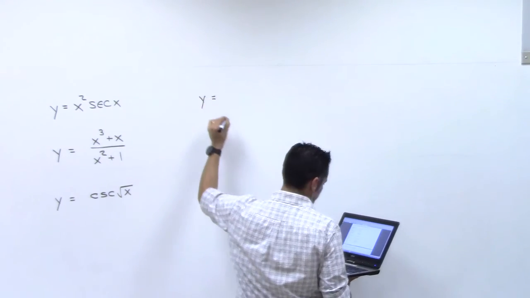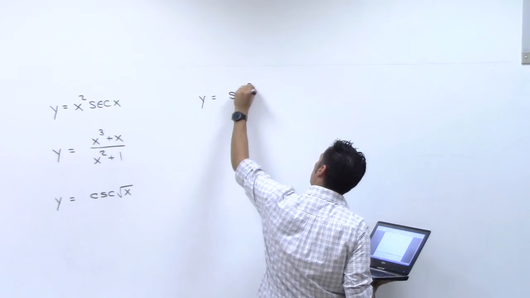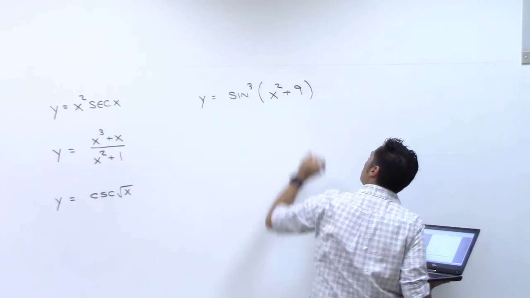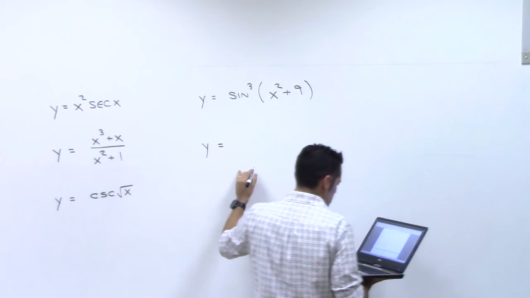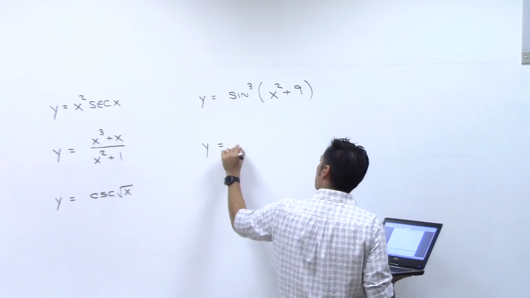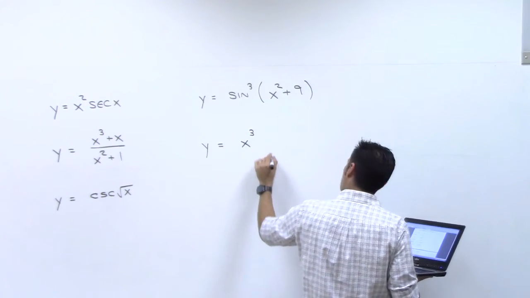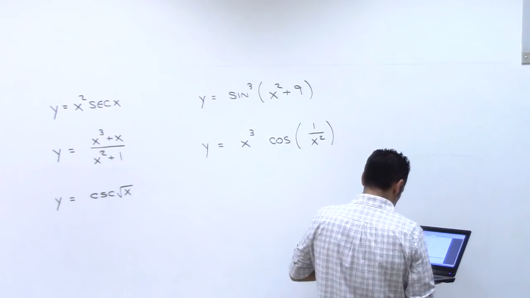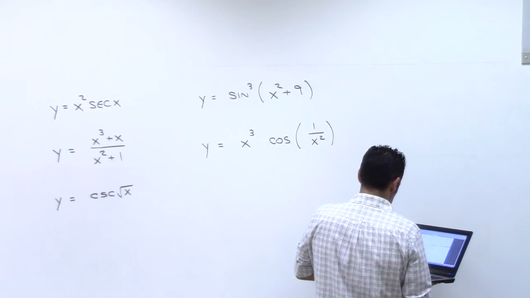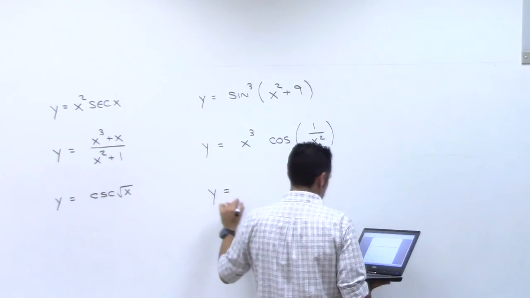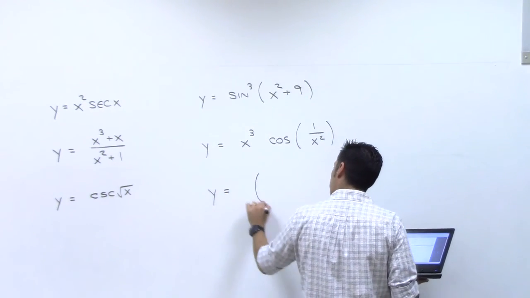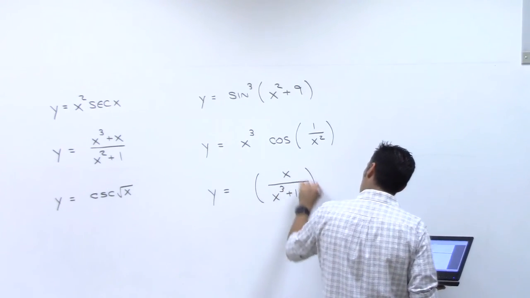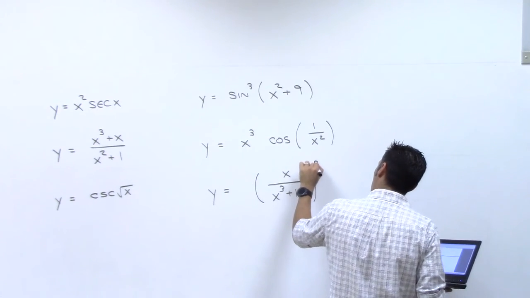Y equals sine cubed of x squared plus 9. Y equals x cubed times cosine of 1 over x squared. And the last one, y equals x over x cubed plus 1, all to the 8th power.